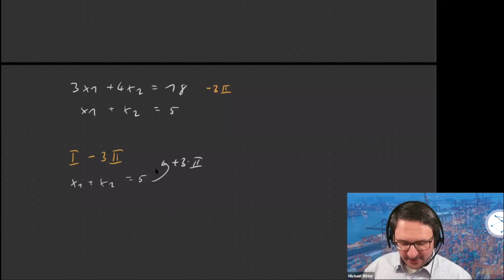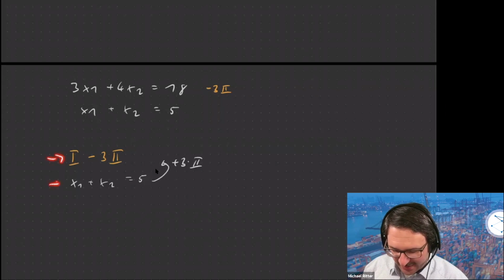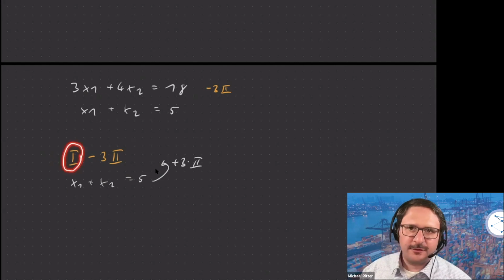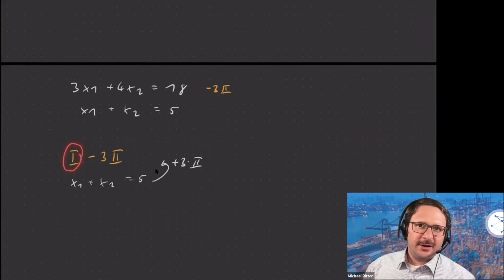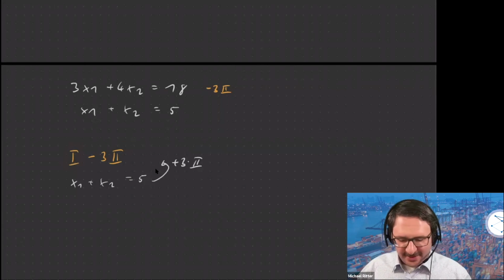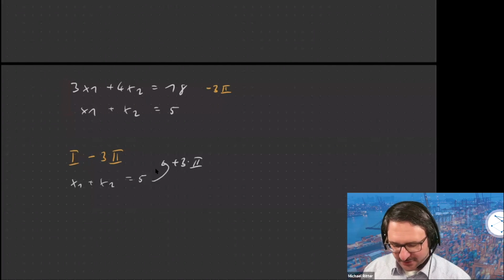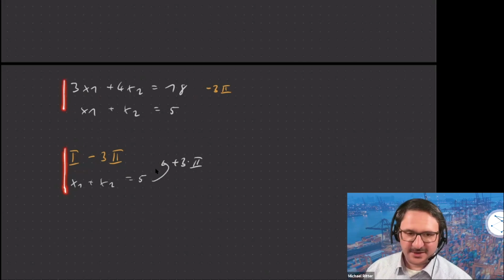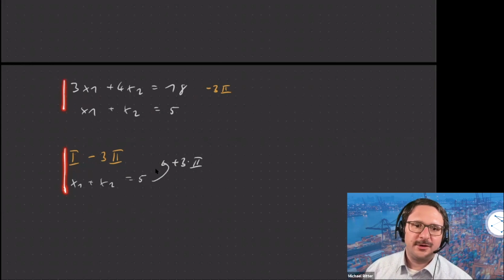So again, any point that satisfies this one and this one will also satisfy any combination of these. And one of the possible combinations is to just obtain this first old one. So in total, any point that satisfies these 2 equations also satisfies those 2 new equations and vice versa, meaning the solution set of these and this is exactly the same. That doesn't change through this operation.